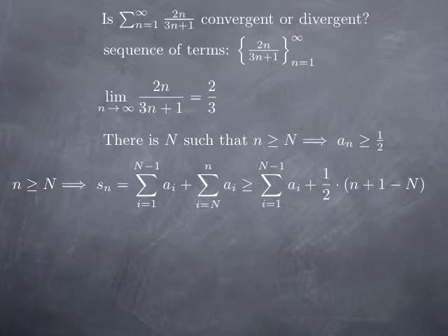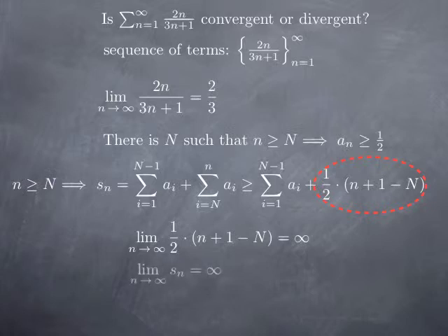So I get something that is greater than this finite number, the sum from 1 to capital N minus 1 of the a_i's, plus 1/2 times the number of terms that remains, which is n plus 1 minus capital N. And you see that as n grows, this is going to go to infinity. So because the limit of this term is infinity as n goes to infinity, and S_n is greater than that, then the limit of S_n must be infinity, and that means the series is divergent.